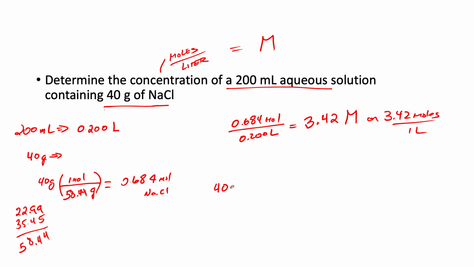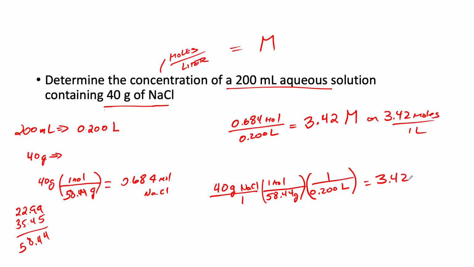Now, when we look at this again, you can start off by doing this all in one calculation: 40 grams of NaCl, times 1 mole over 58.44 grams, and then divide by the liters, and you're going to get the same amount, 3.42 moles of NaCl per liter, or 3.42 M NaCl is another way to write this down.